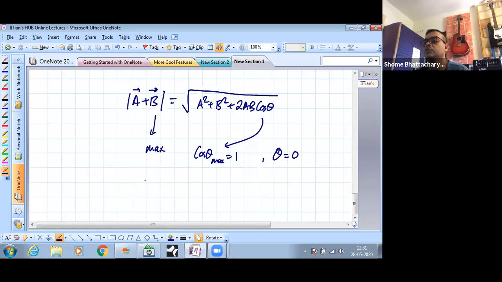So for example, if you have two vectors of magnitude 20 and 15, when will the resultant sum be maximum? When the angle between them is 0. So they look like this. If this is the case, then the sum of A plus B will become this vector here.